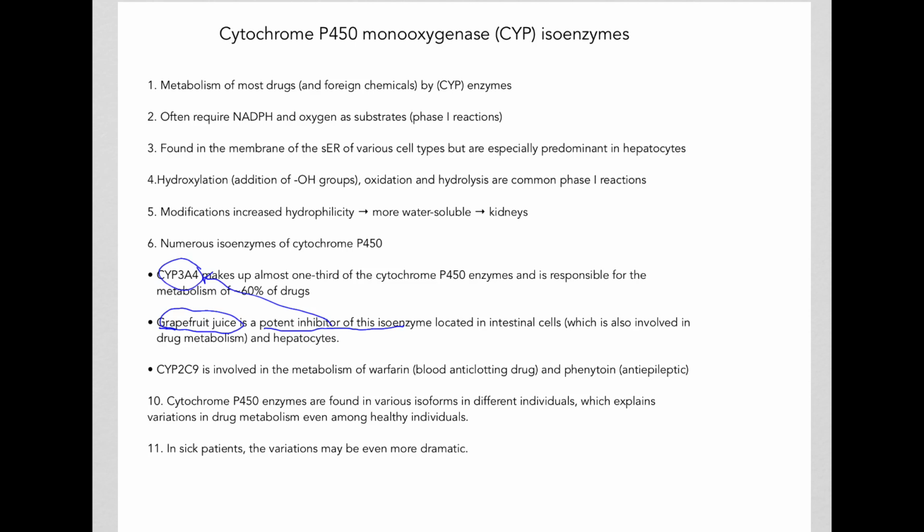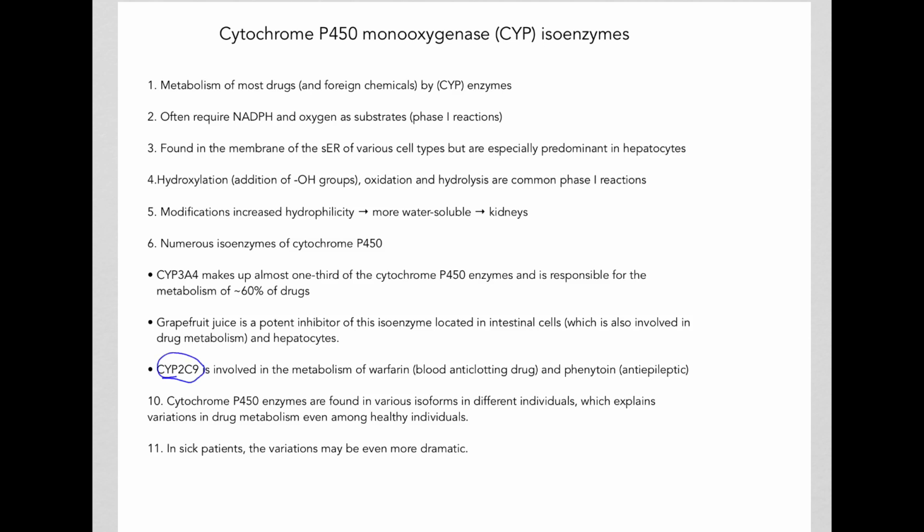It would not be able to metabolize the drug, and the concentration of the drug in the bloodstream of the patient may rise to very high levels, and that might lead to unpredictable side effects.